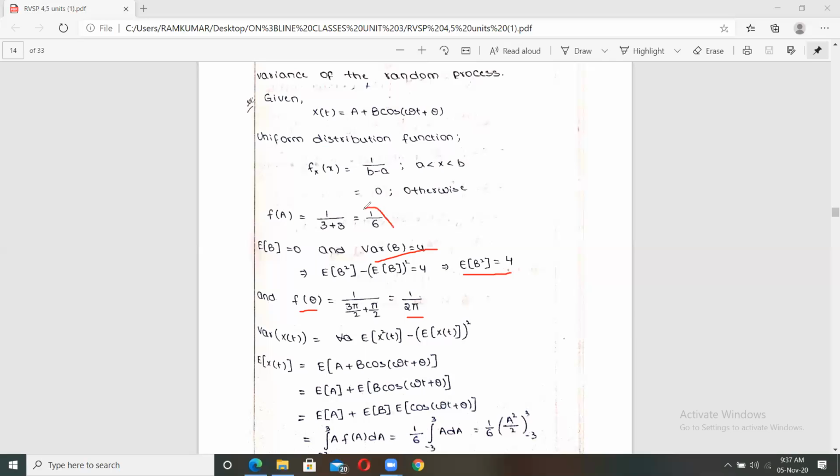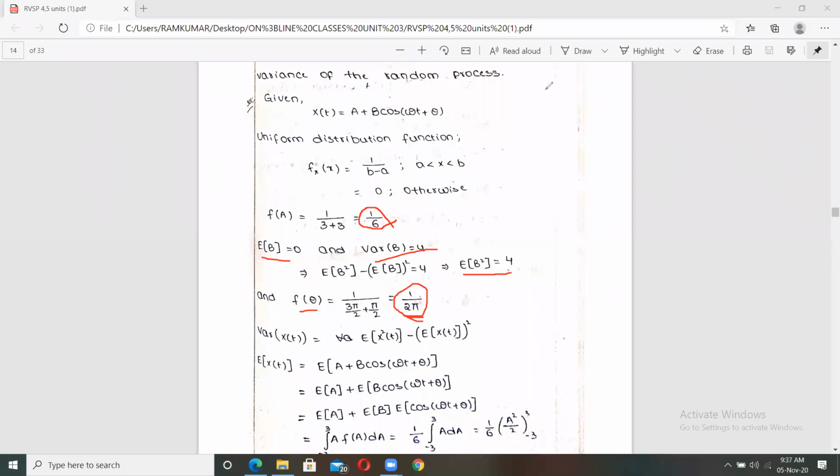F of a is equal to 1 by 6 because a is a uniformly distributed random variable, and also f of theta is equal to 1 by 2 pi, where theta is a uniformly distributed random variable, and the values of b are given as mean equal to 0 and variance equal to 4.